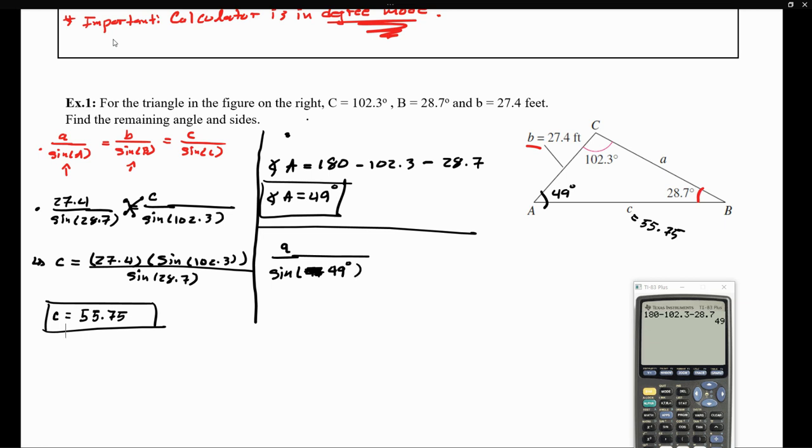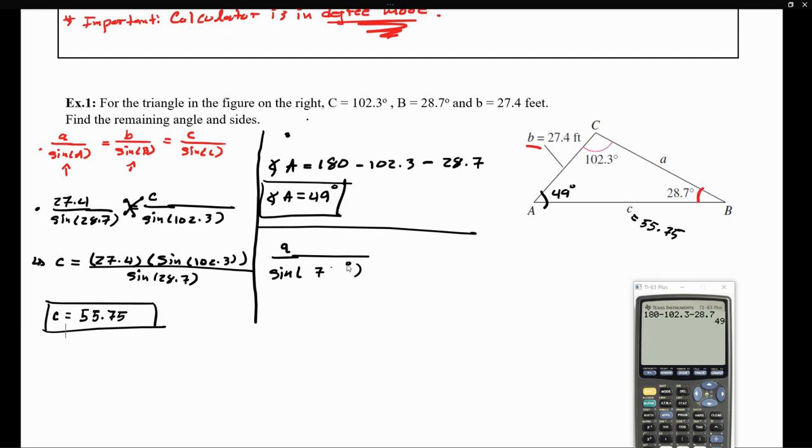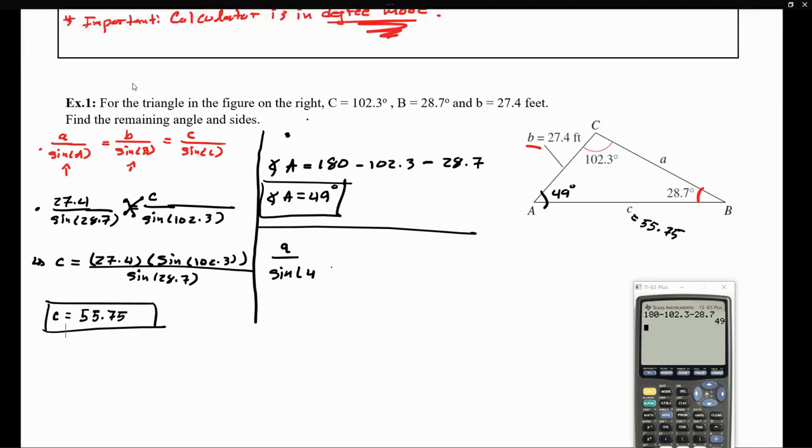Sorry, that looks like a 99, so let me just fix that. So that's 49. That's equivalent to little b, which we found to be 27.4, over the sine of B, which is the sine of 28.7. And now we can definitely solve for a.